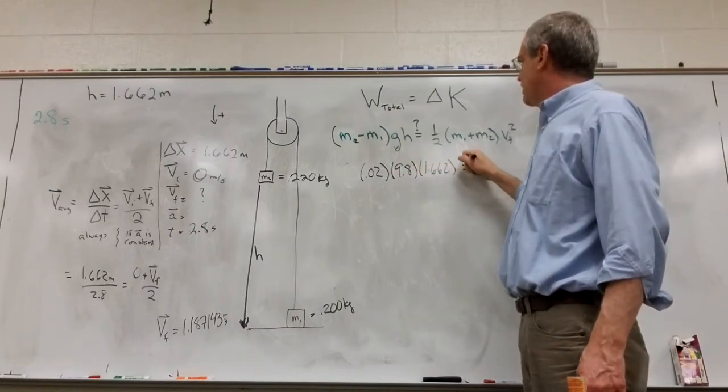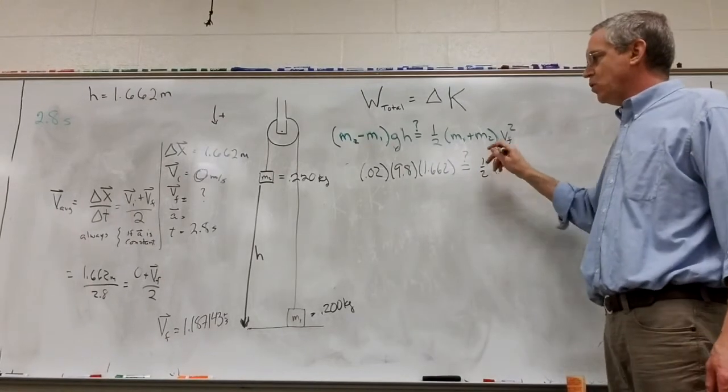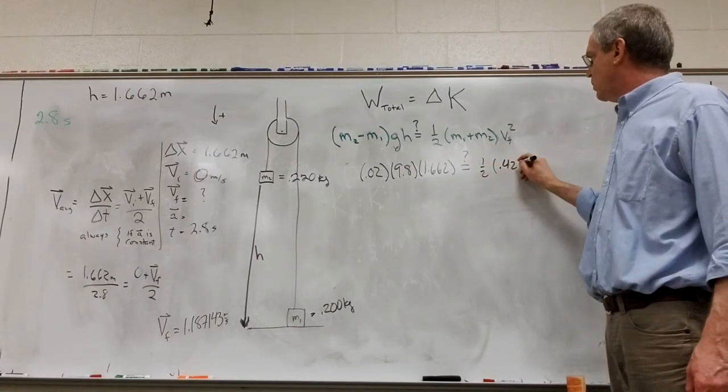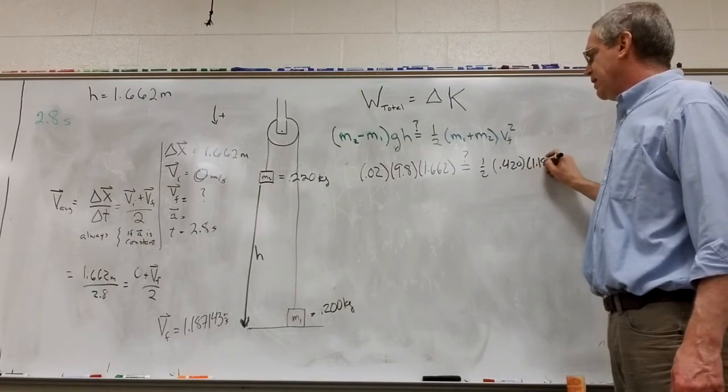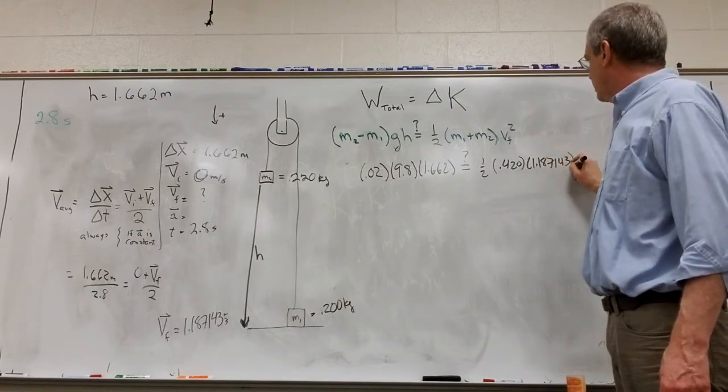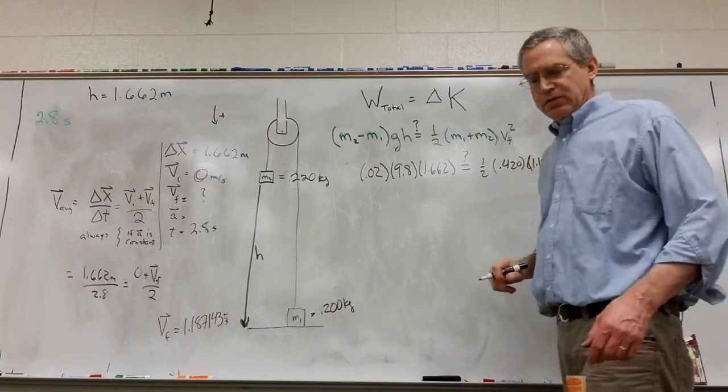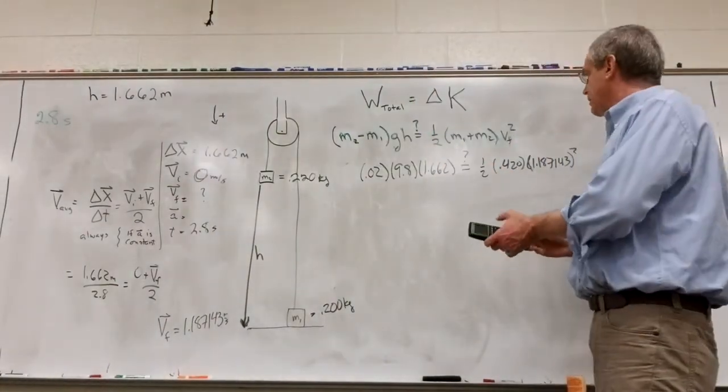And the question is, is that equal to 1/2 times the total mass, which is 0.420, times the speed squared, 1.187143 squared?